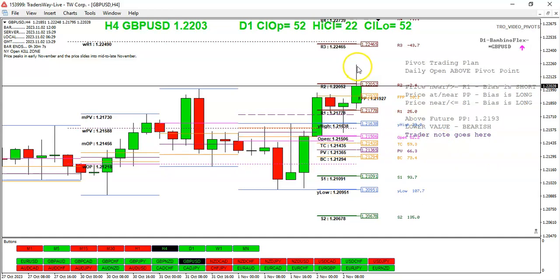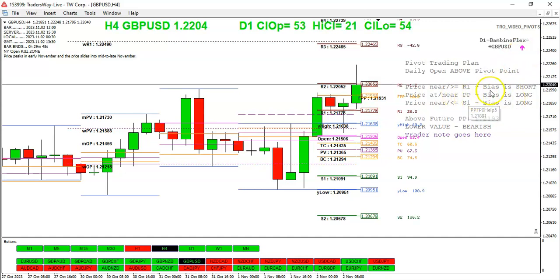I was thinking, okay, from the 25, it either wants to be 50 or double O. And I was thinking, well, I might do a nice fib extension up there. So I probably second guessed myself. Plus Bambino Flex Indicator was saying to go long, but we had a short call near the pivot, or rather near R1, which the first time it hit it, it did that. But you can see it's bounced since then.